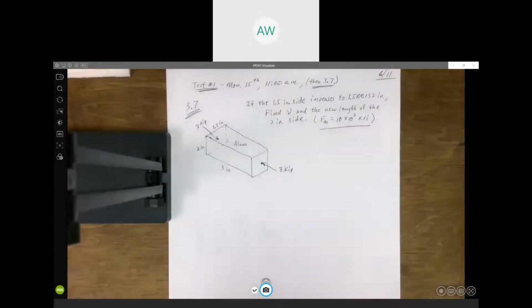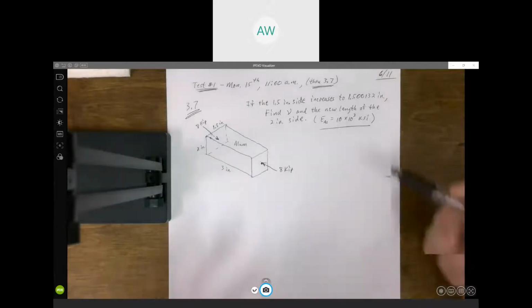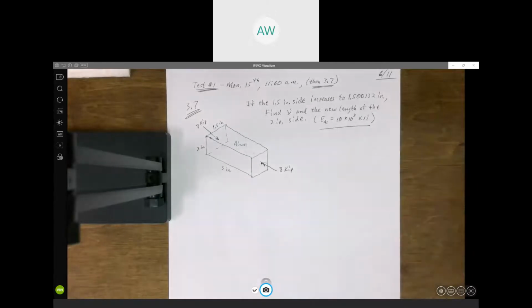All right, so we talked about modulus of elasticity yesterday. It's a material property. Remind you how it's determined or where it comes from: when you look at the stress strain diagram for a particular material, the first part of the graph is linear, and the slope of that linear portion is what we define the modulus of elasticity to be.